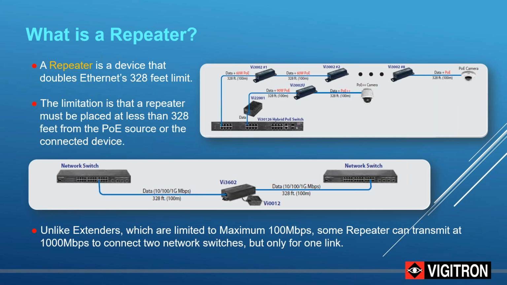Well, a repeater, being limited to one spot and repeating in the middle of the cable run, can do that. So repeaters have the advantage of, again, a less costly solution, mainly if your extension is under 328 feet times 2, or 656 feet, and the fact that it also can operate in 1G modes.